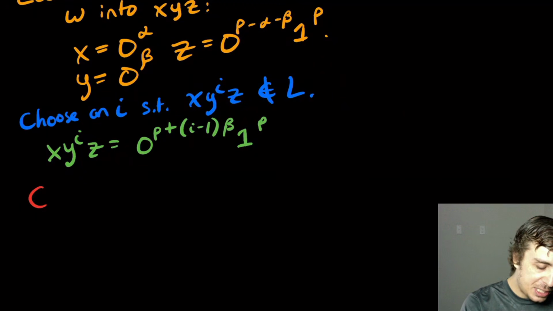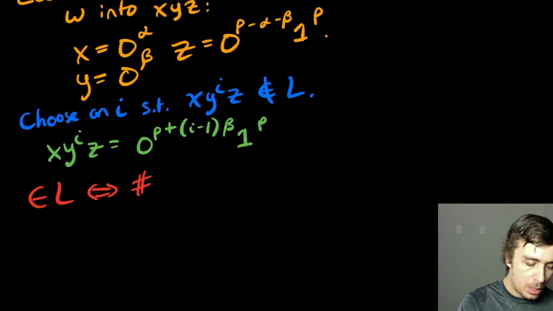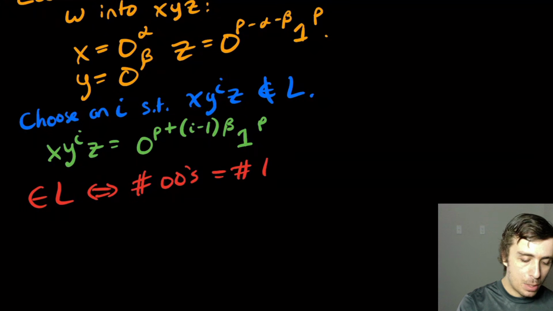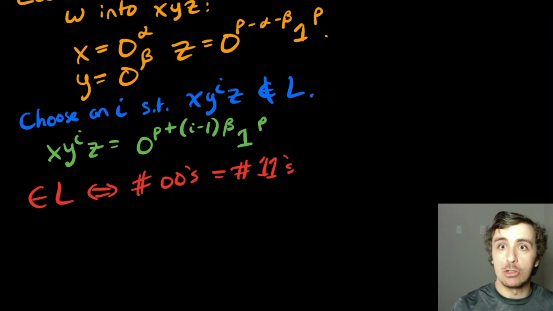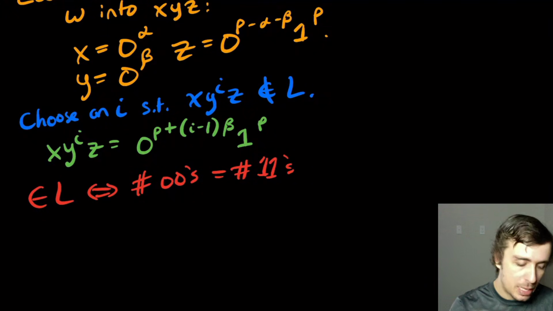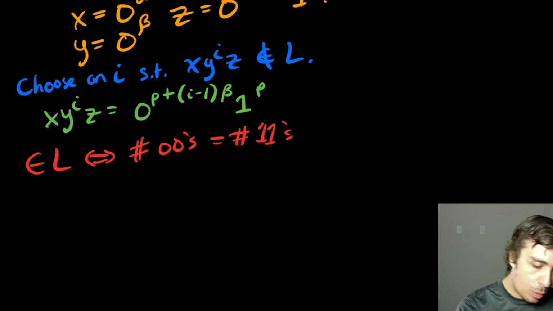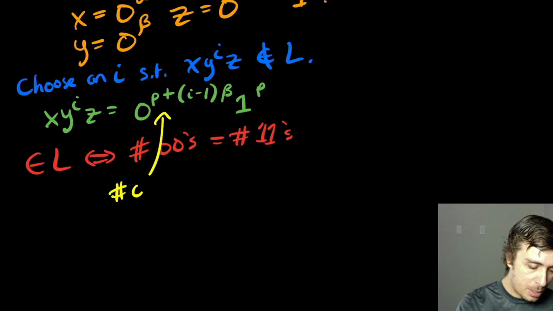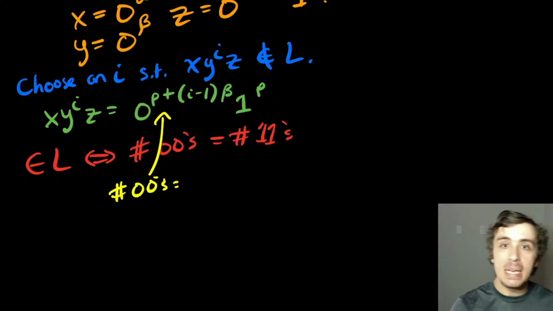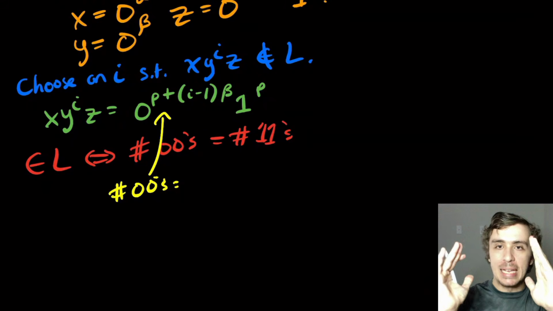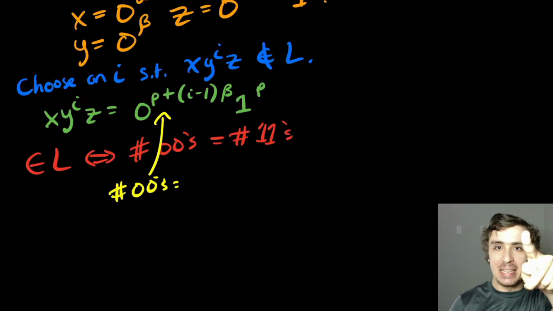So this thing is in L if and only if the number of 0,0s is equal to the number of 1,1s. And we want to show that the numbers are actually different, or choose an i for which they are different. So what does that mean? Well, what is the number of 0,0 occurrences here? Since this is a contiguous range, it's going to be 1 less than that number.